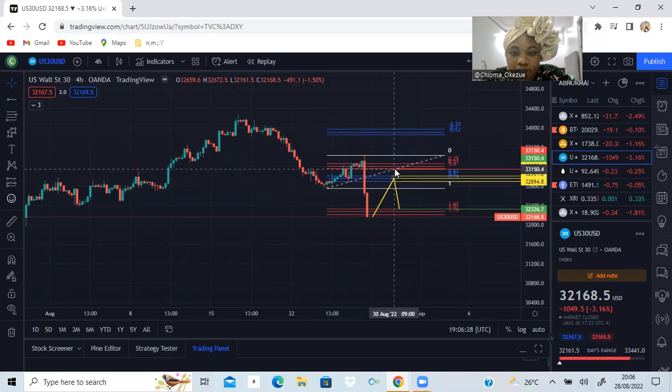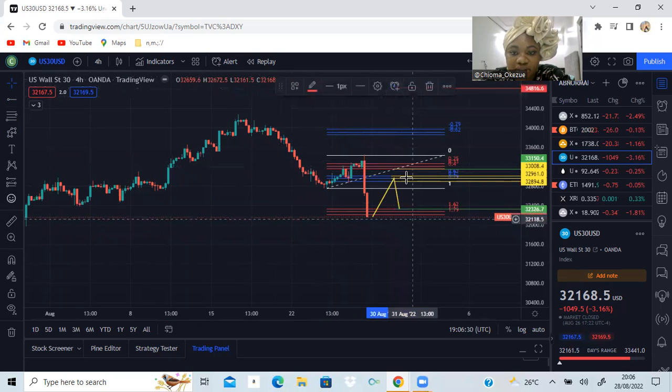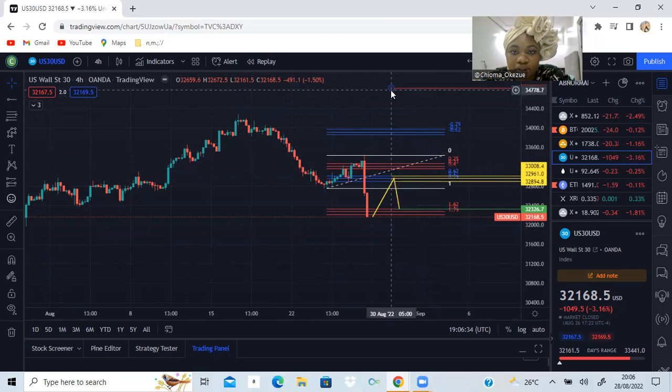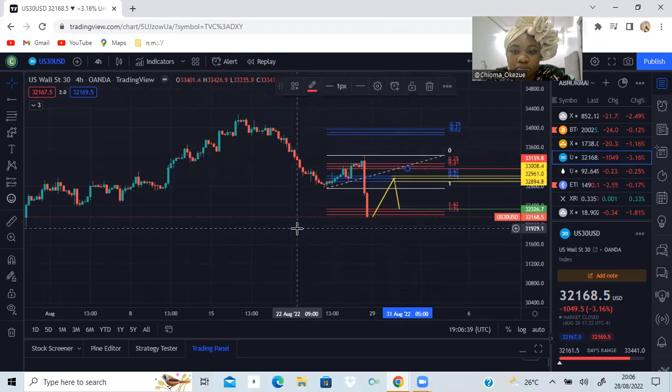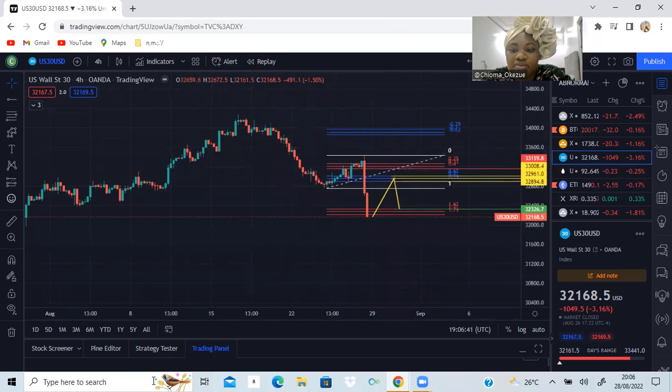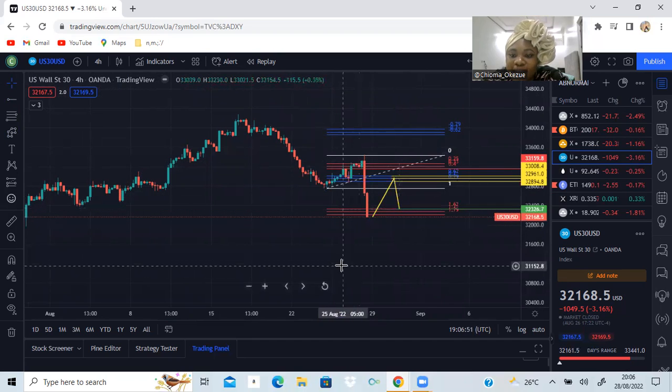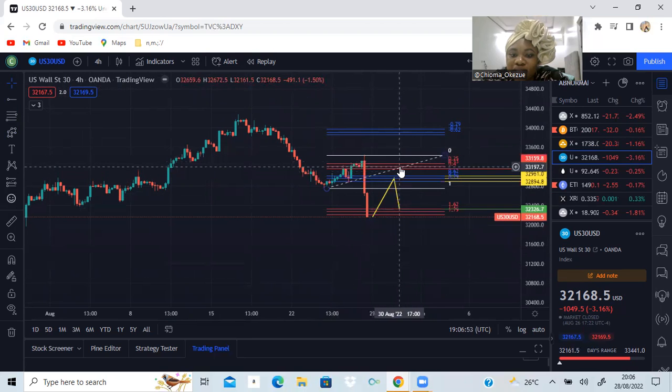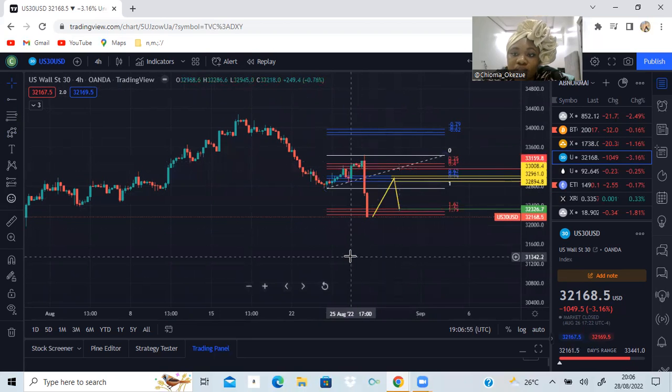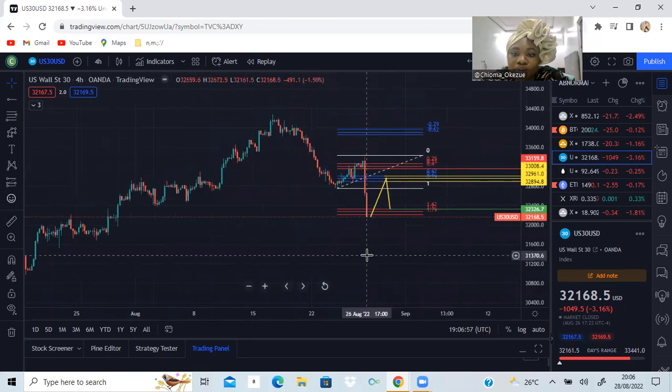Sorry, I had already made it green before, so I'm just going to bring it down. So you set a sell limit at these entries, and then we expect it to come down to this place, and if it goes against us to this place, we leave with our stop loss.